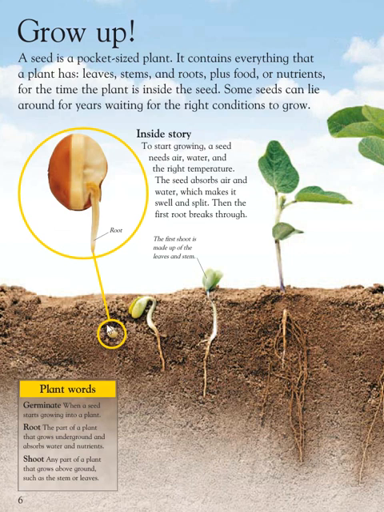So you can see that here. Here's the seed that hasn't started growing yet. It's just starting to split. Then it opens up and the first roots come down. Then the first leaves that were in that seed push up. Then it begins to grow its own leaves.